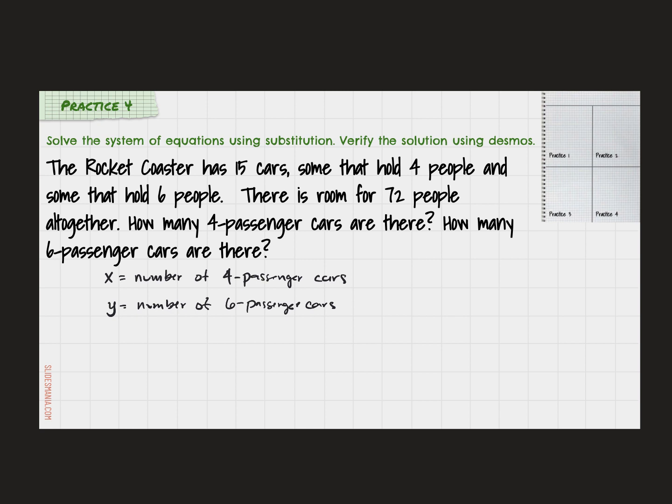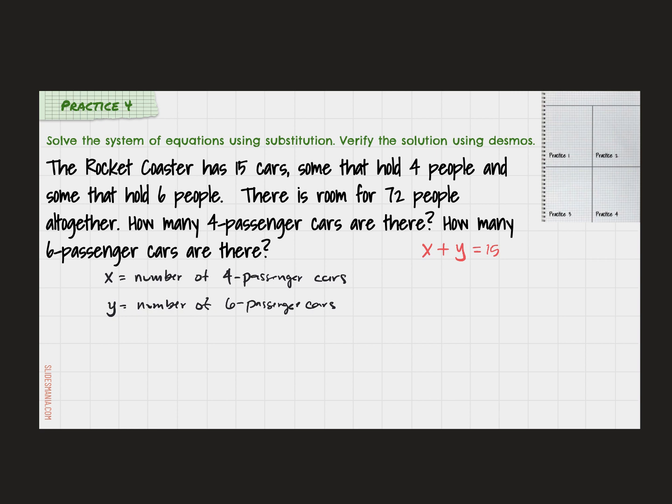So my first equation is going to be centered just on the total number of cars. I know that my total number of cars is going to be the number of 4-passenger cars plus the number of 6-passenger cars, which equals 15. That's my first equation. The second equation is going to be centered around the total number of passengers.